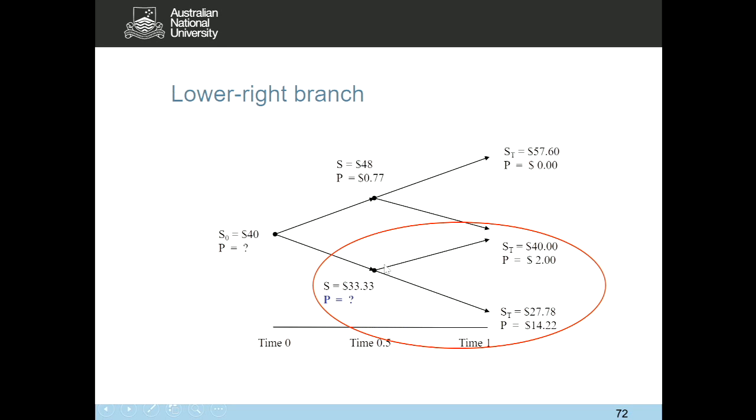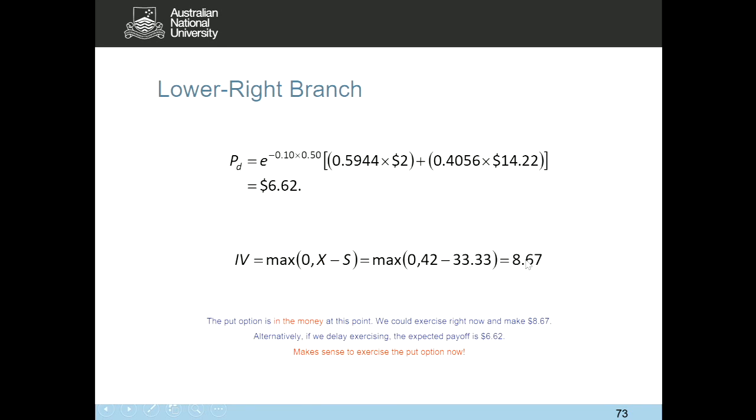Which means by exercising this put option today, I will have a higher value compared to holding on to this put option for another 6 months. So the decision here is that I should not wait. I should exercise this put option immediately and take that $8.67 in my pocket, right? Because holding on to this put option longer will only lead to a lower value, $6.62. So I don't write down this value. I write down this intrinsic value, $8.67.